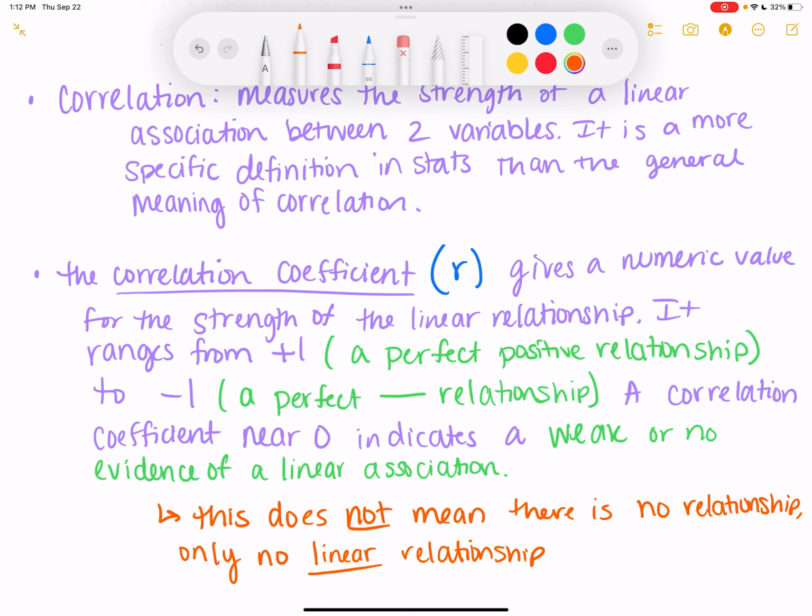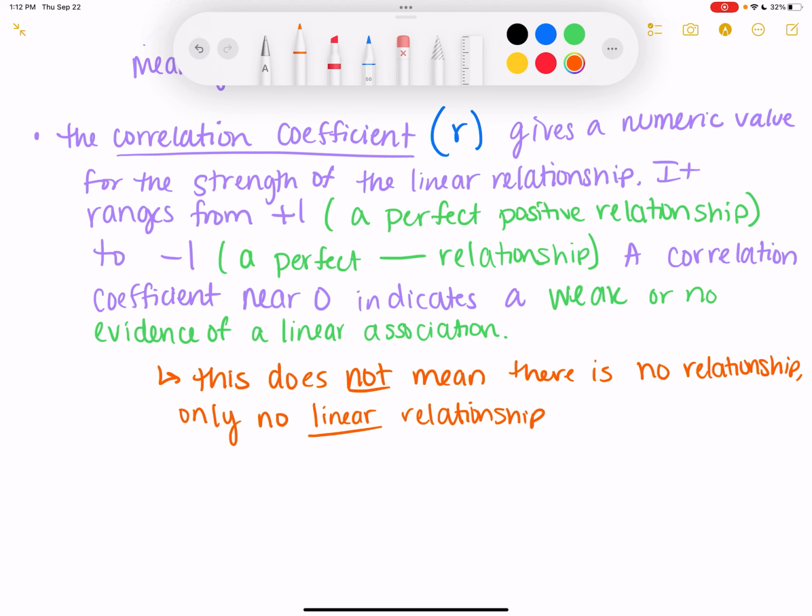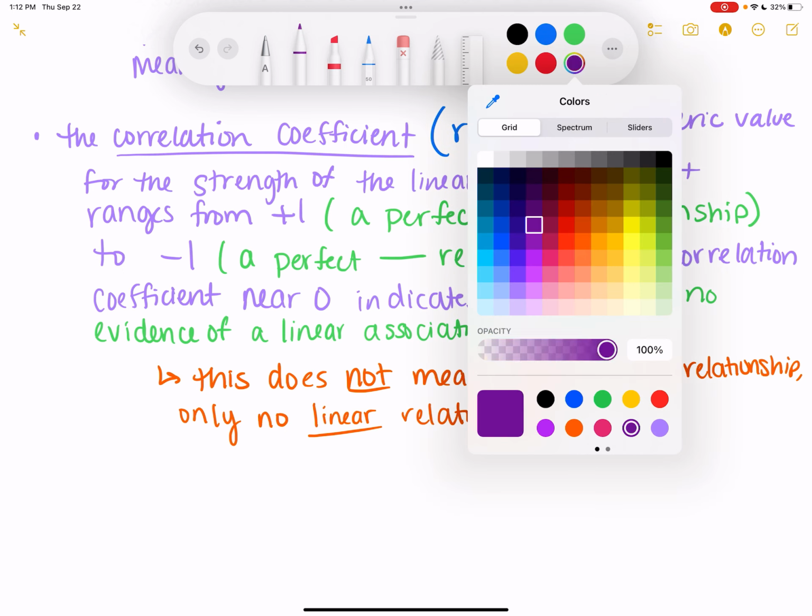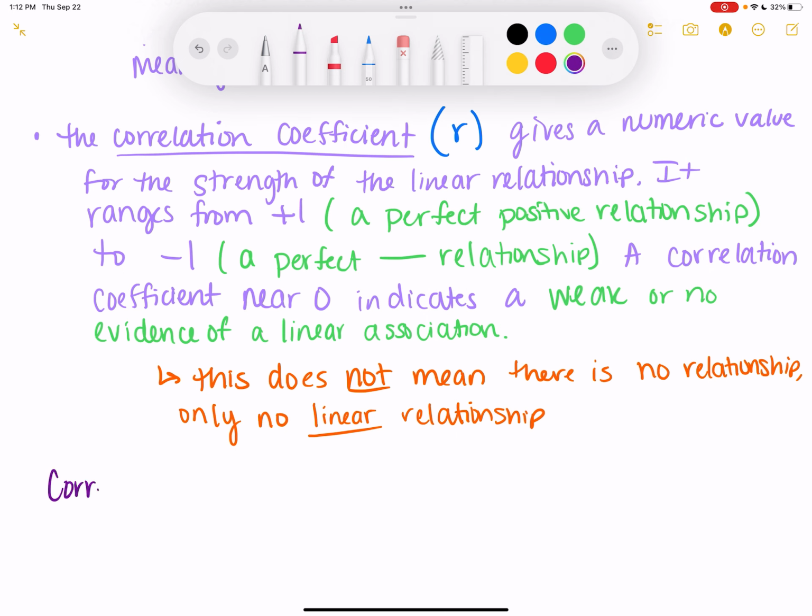So also like with the normal model, there are some conditions that we have to check to see if it works or we can use it. So correlation conditions. We need to check the following.